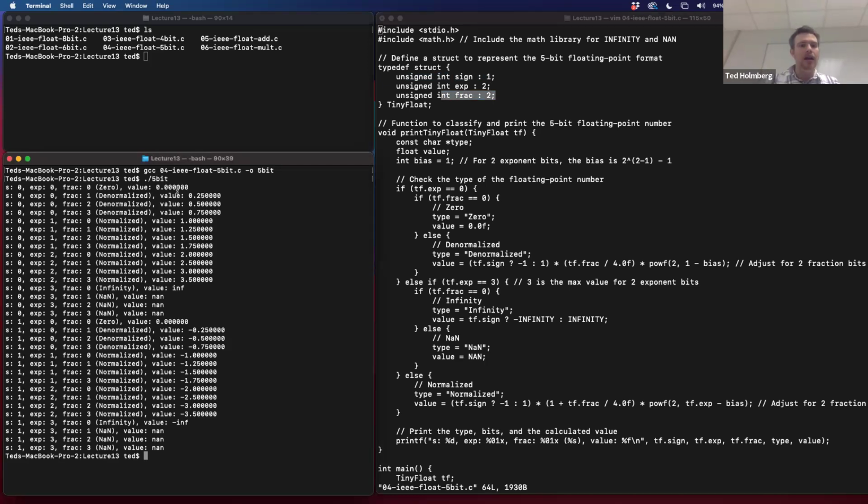So you can see what our normalized, denormalized, infinity values and NaN values are all mapped to. Like I was saying earlier, we actually have 2 mappings for 0. This is when the sign bit is 1, so that's actually a -0. This is when our sign bit is 0, so that's a +0, right? Just a consequence of this mapping scheme. And then we approach zero from both ways.